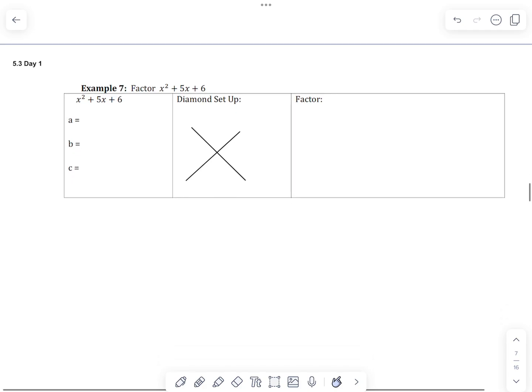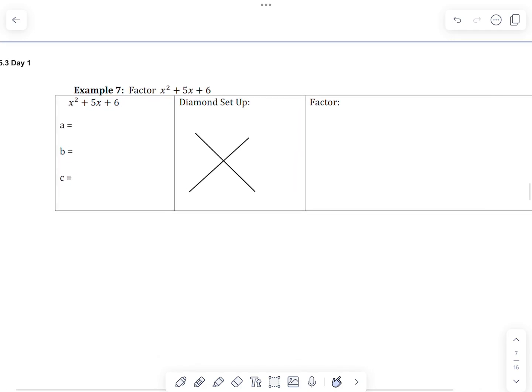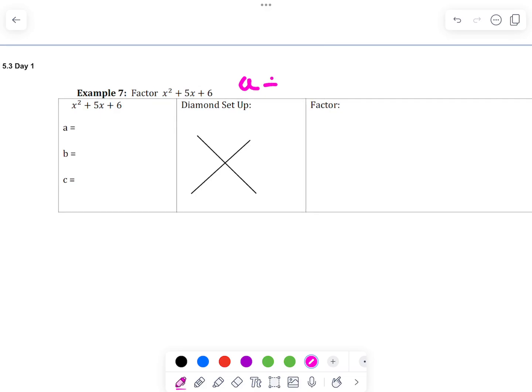All right, example 7. Now we have a quadratic equation, and our a value equals 1. So our a is 1. So what we want to do first is identify the a, b, and c. So the a is 1, the b is 5, and the c is 6. Now we're going to go ahead and set up our diamond.